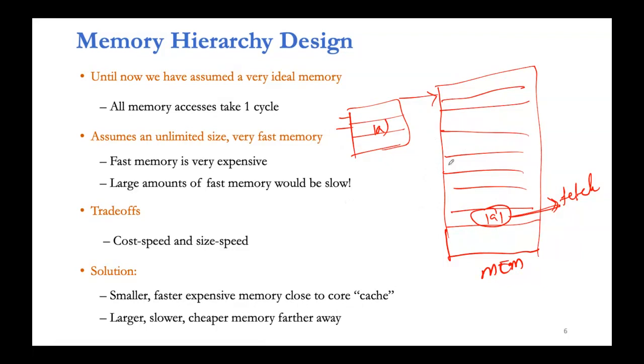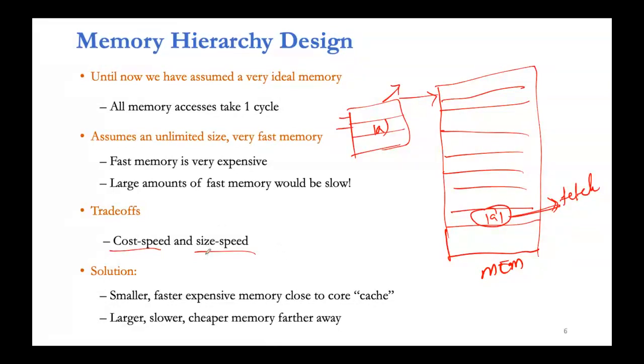Fast memory is very expensive because it increases performance, while unlimited size memory is not that expensive but takes a lot of time to locate the data. A large amount of memory is slow, and a small amount of memory is faster. So there is a trade-off between cost, size, and speed: cost should be low and speed must be high.